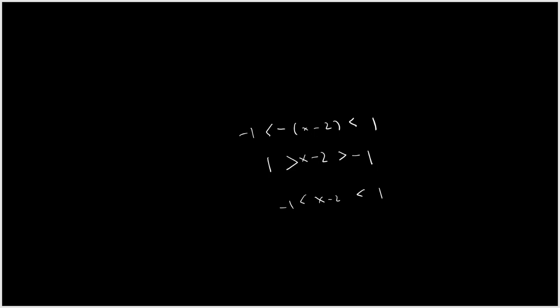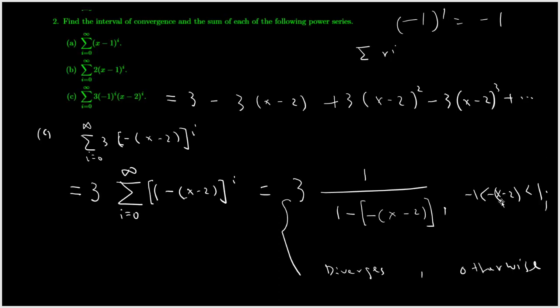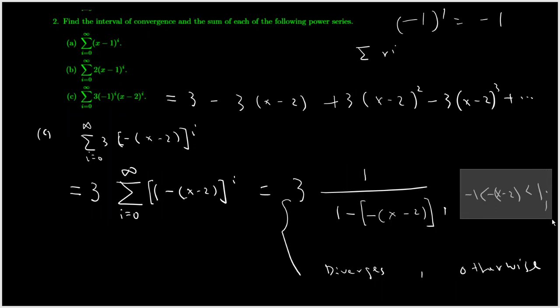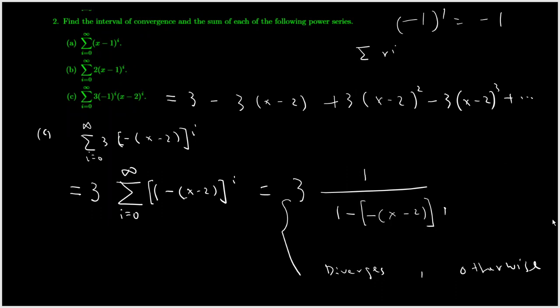Now you add 2 to all the terms. You have x is in between, so 1 plus 2 is 3, and negative 1 plus 2 is 1. So I'm trying to say the interval of convergence, for this part, you can replace it with when x is in between 1 and 3. And of course, it's possible to simplify the denominator.